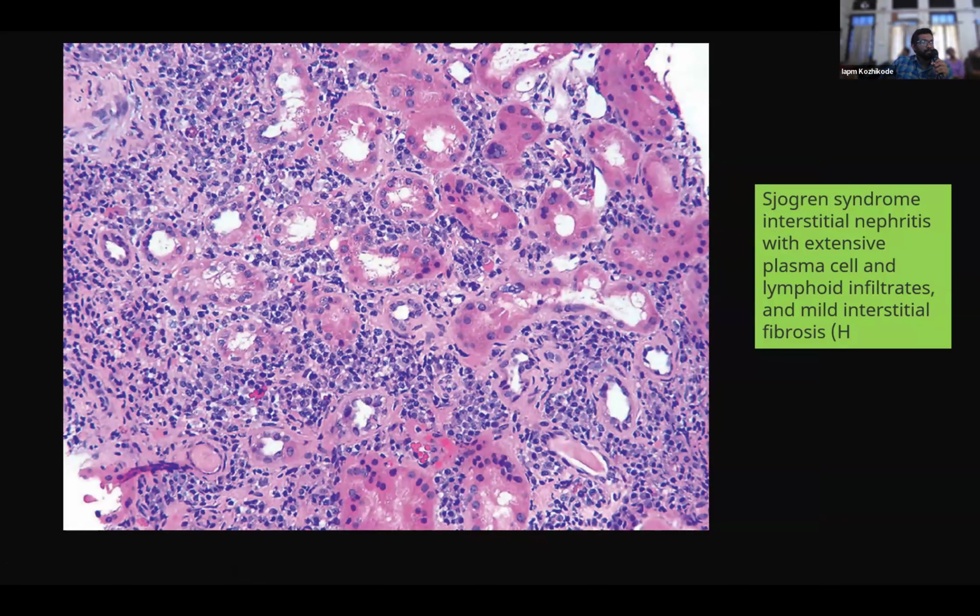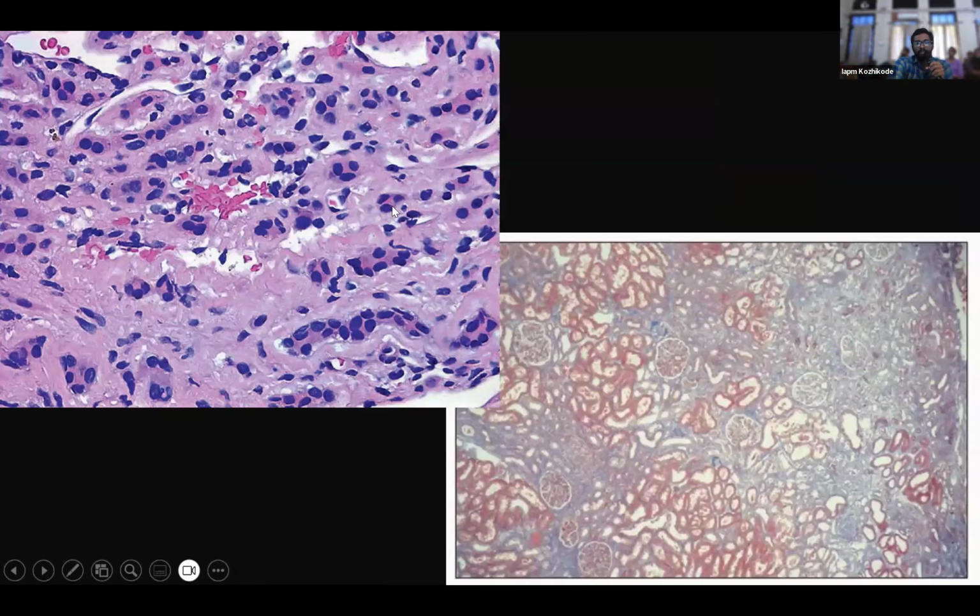You can see a lot of chronic inflammatory cells in the tubulointerstitial space, and also fibrosis. See how bad looking these tubules are. Just remember the initial picture that was shown, and compare.